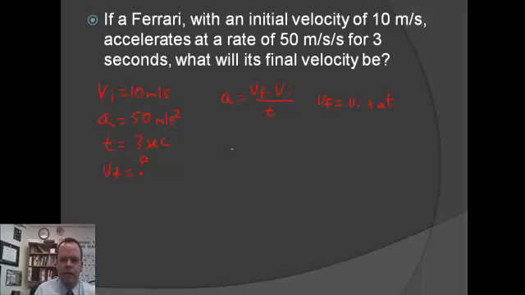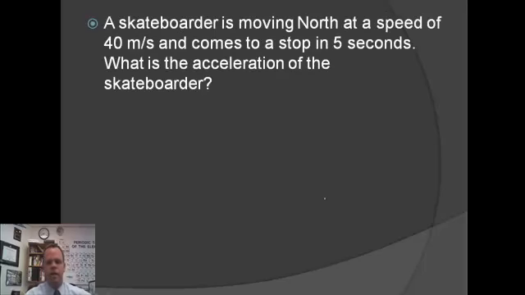And that will actually be a little easier to solve, so let's use that one. V final equals 10 plus 50 times 3. So v final equals 10 plus 150. Final velocity here, 160 meters per second.